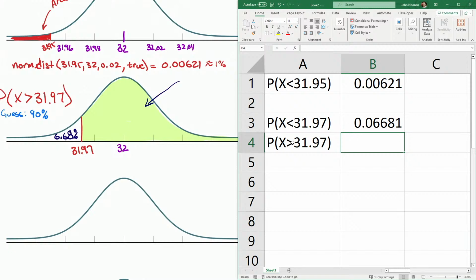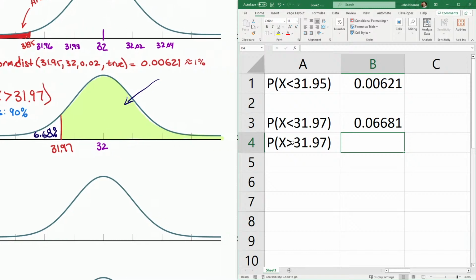If the whole thing is 100% and this is about 7%, then this is going to be about 93%. So to get that area, I'll take 100% minus the 6.68%. I can do this in my head. That's going to be 93.32%. But let's do it on Excel just to show you how that's done.